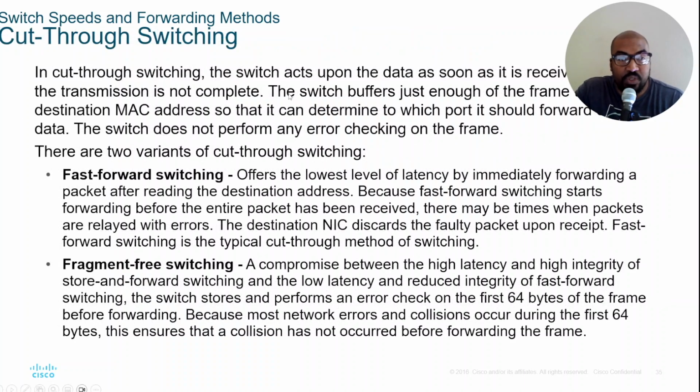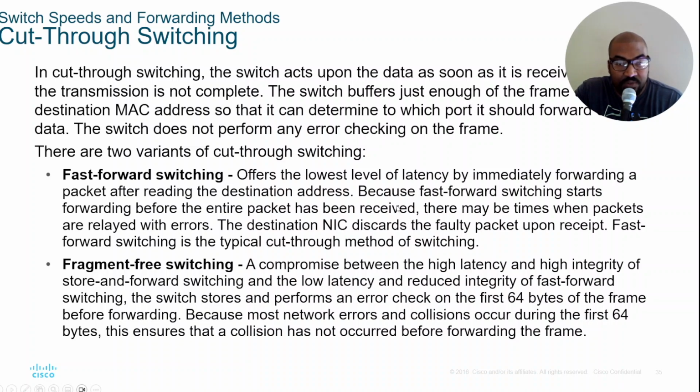And in cut-through switching, the switch acts upon the data as soon as it is received. Even if the transmission is not complete, the switch buffers just enough of the frame to read the destination MAC address so that it can determine to which port it should forward out the data. Fast-forward switching offers the lowest level of latency by immediately forwarding a packet after reading the destination address.